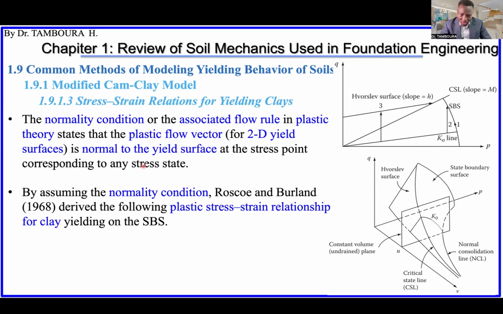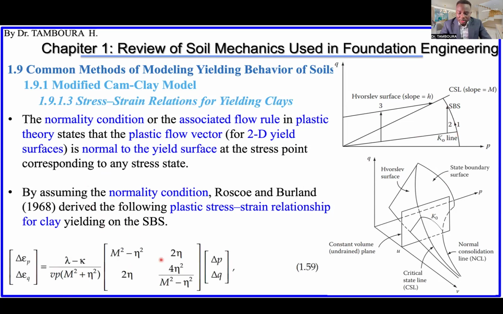Using that statement, we derive the plastic stress-strain relationship for clay yielding on this surface, the state boundary surface we talked about previously. Failure also happens on this surface. So using that, we have this relationship.